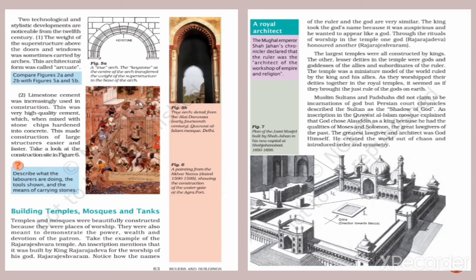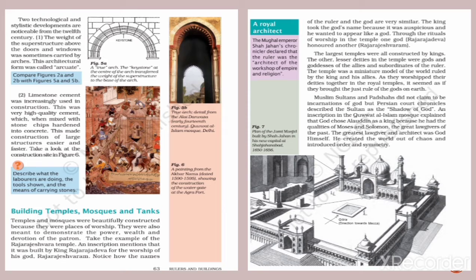Between the 8th and 13th centuries, the trabeate style was used in the construction of temples, mosques and tombs, etc. Two technological and stylistic developments became visible in the 12th century: the arcuate style and the use of limestone. What is arcuate?